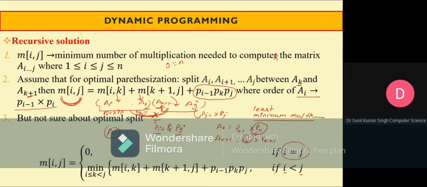But if it is something like this, then we have to change k from i to j minus 1, and we have to find the minimum value of this one. Whatever the minimum value we find here will be the optimal solution of that particular subproblem, or maybe the problem.